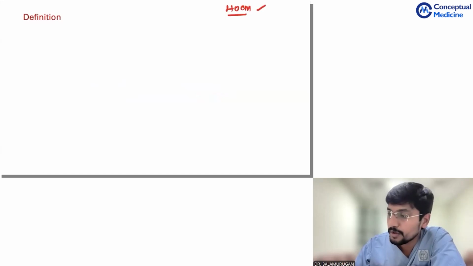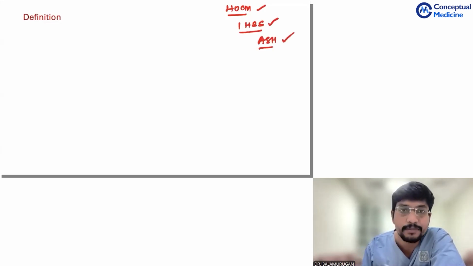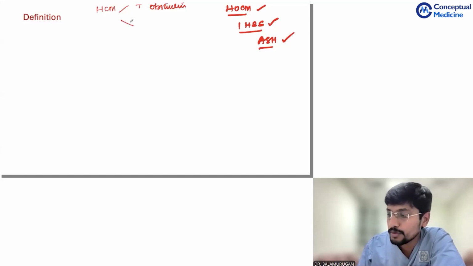It can also be labeled as idiopathic hypertrophic subaortic stenosis, or sometimes asymmetric septal hypertrophy. But now the standardization is, it should be called either hypertrophic cardiomyopathy with obstruction or without obstruction.